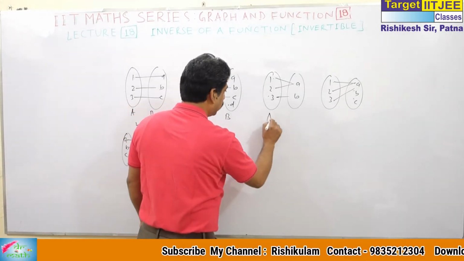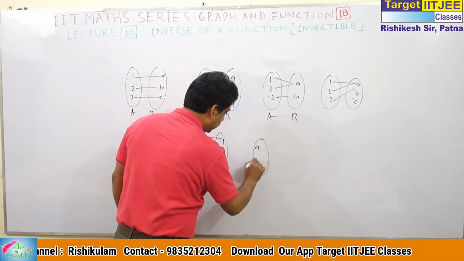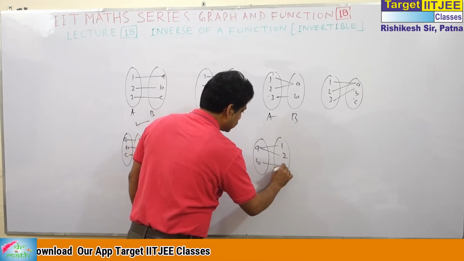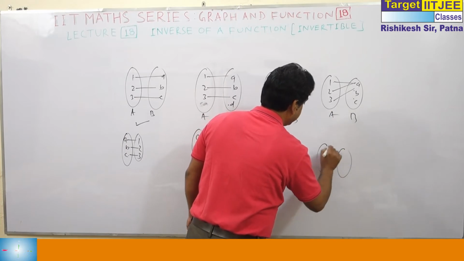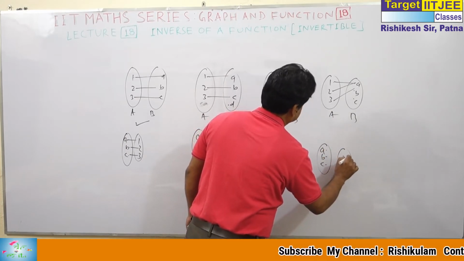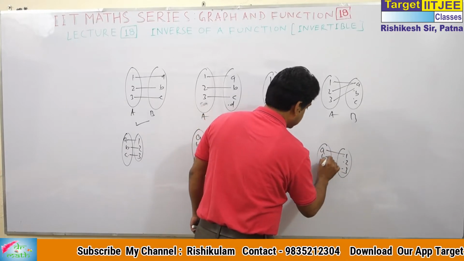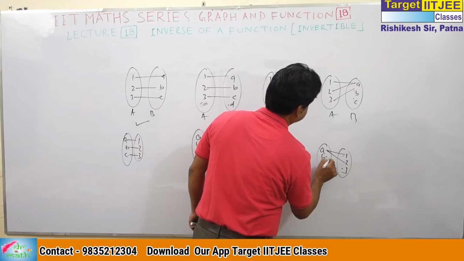Likewise, when you go from there, say A, B, this is not a function. One to many is not a function. And likewise, when you come here from B to A, this is again not a function. What are the two basic criteria for a function?